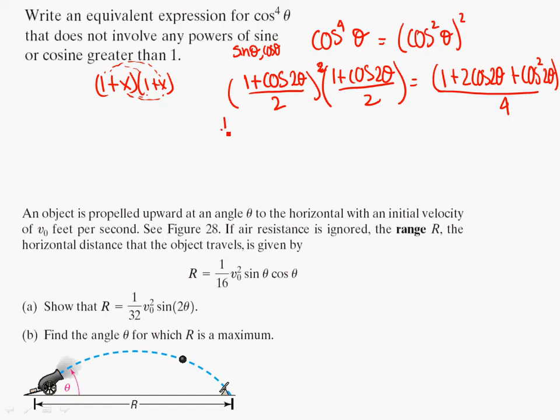So I'm going to write this slightly different then. So that's 1/4 times the cosine squared of 2 theta plus 2 cosine of 2 theta plus 1.